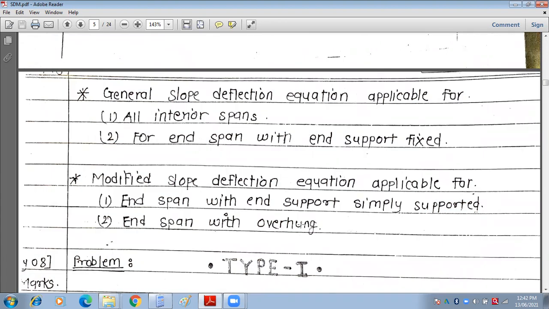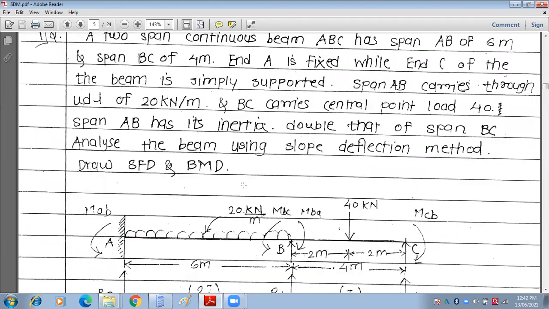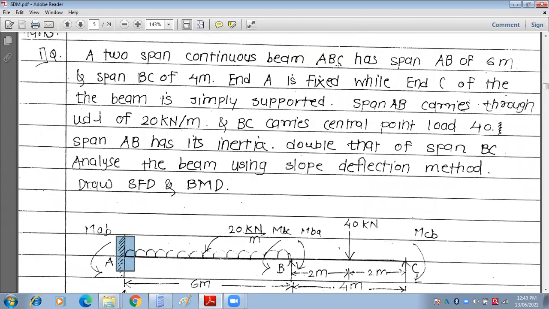Now let us discuss the problem. Now let us take the type 1 problem, which contains the end fixed. Two span continuous beam ABC having span AB 6 meter and span BC 4 meter, and A is fixed while C of the beam is simply supported.